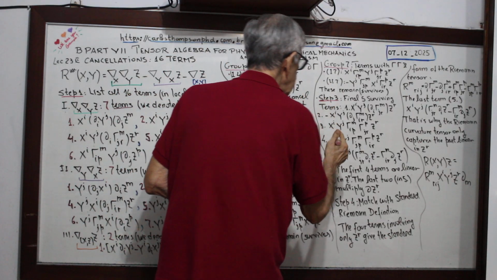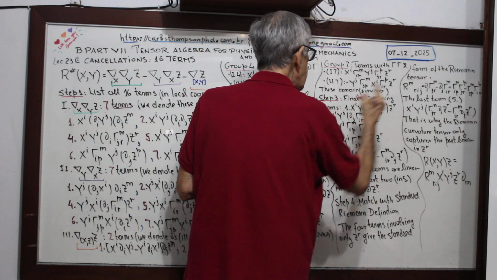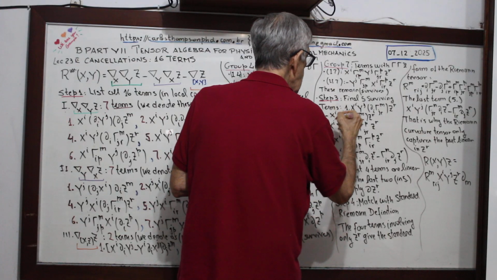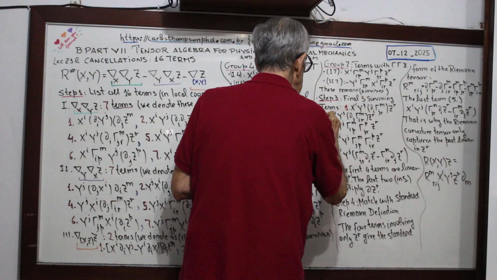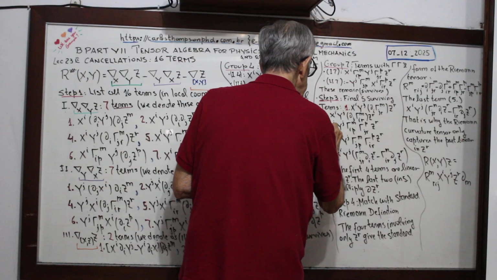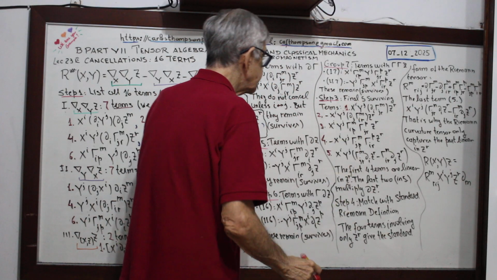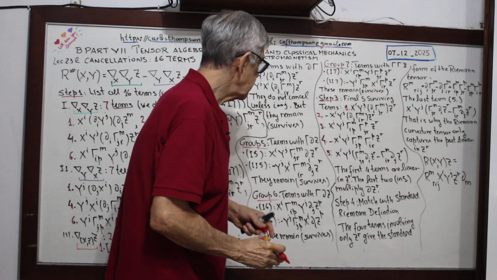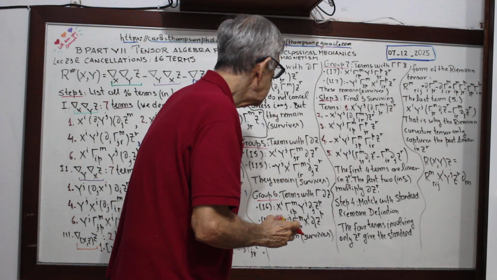In step 3, I have in this case the final 5 surviving terms. Number 1, number 2, number 3, number 4, and number 5. You see, they are the survived terms. And I just copy from here to there.